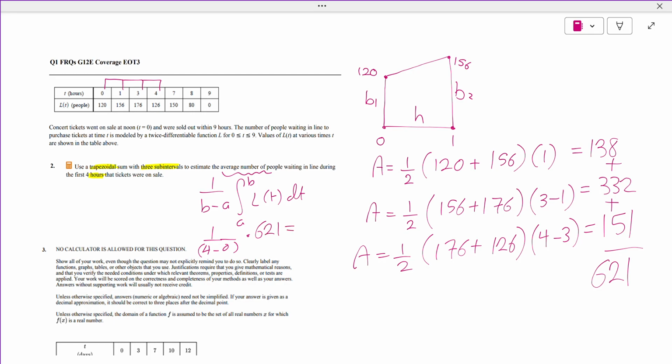So if you multiply by 1 over 4, it's 155.25 people. So that would be the final answer. This is question 2.